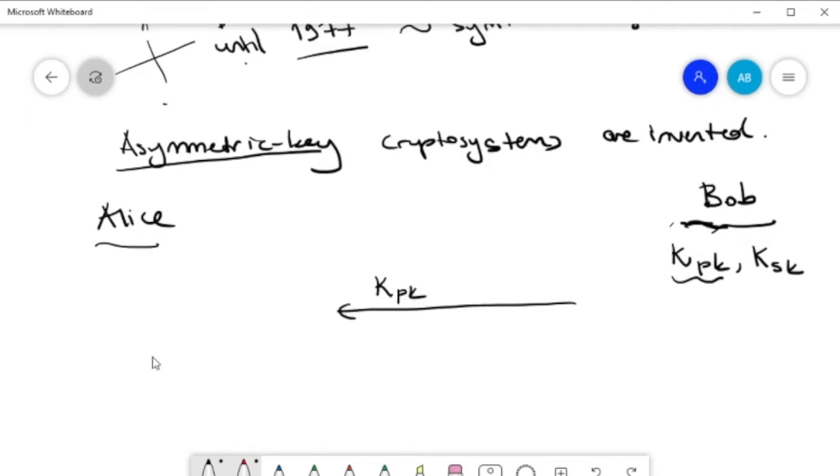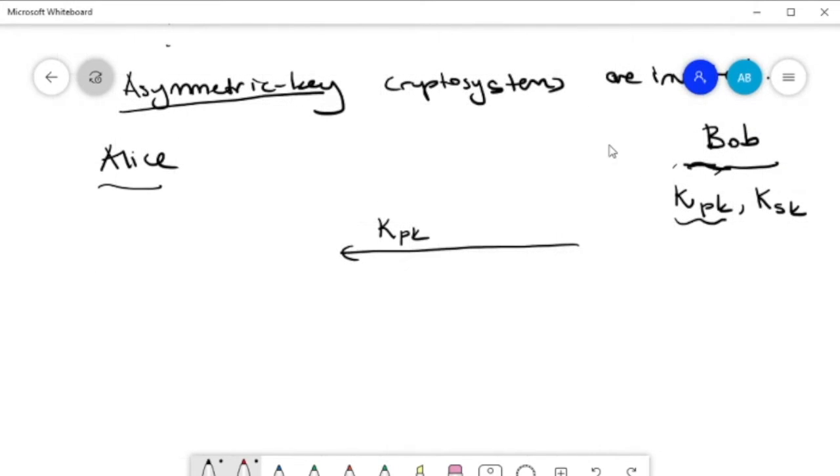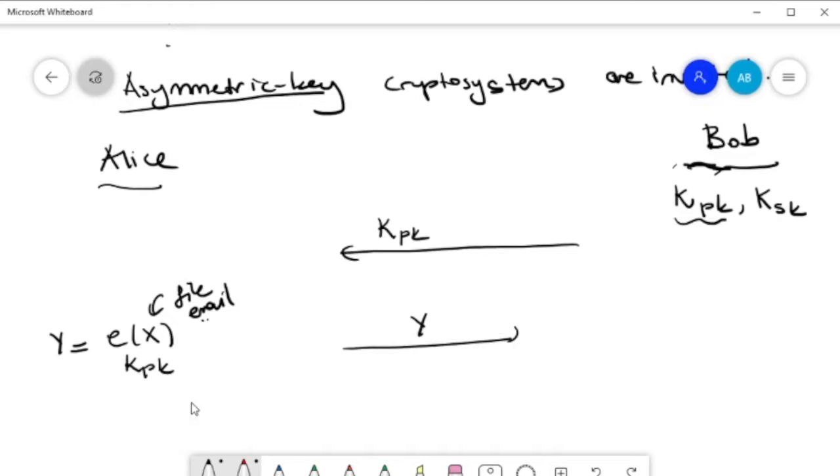Now, assume that Alice wants to send a message to Bob, and Alice encrypts the message with the public key of Bob. Assume that this is maybe a file or email or something secret, and she obtains the ciphertext and sends the ciphertext to Bob.